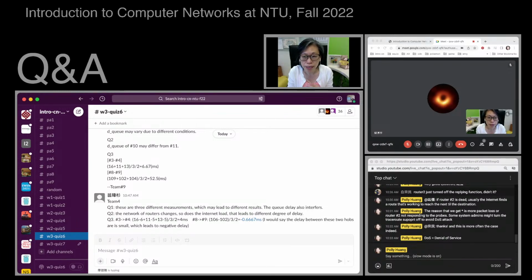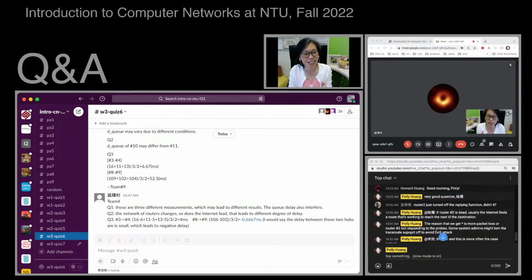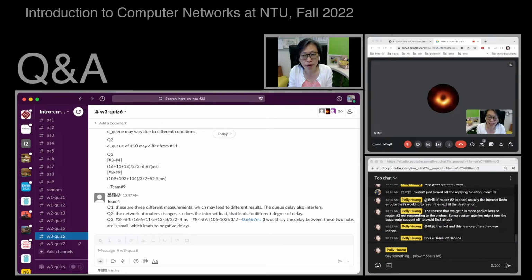And for the question at the end of the video, Hongru asked if router 2 is dead, then usually the probes won't reach hop 3 and so on. Exactly. If the router is dead, then definitely no. And in that case, more often you probably find that there's another route to send the probing messages. Zhongmin was trying to answer that router 2 might be just turned off replying to the traceroute probes.